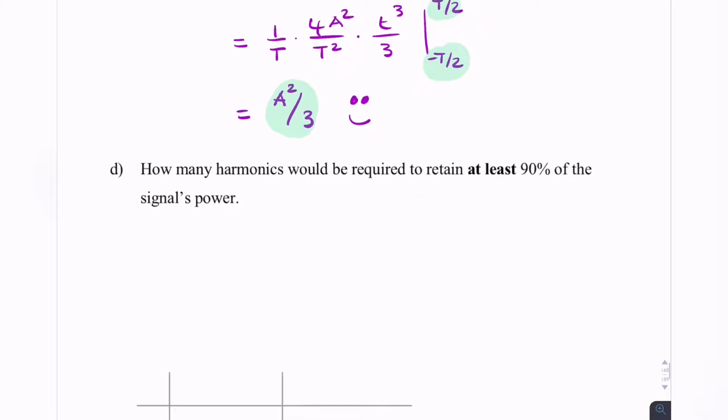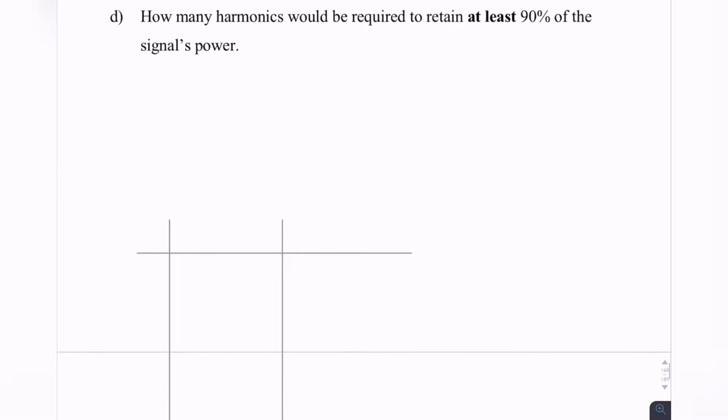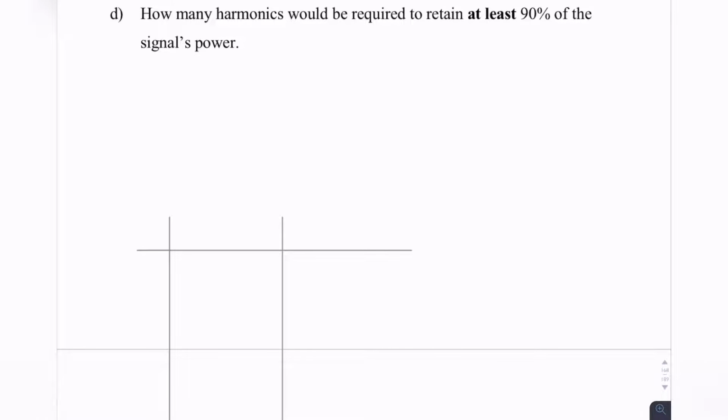For the next question, it says how many harmonics would be required to retain, that means to keep, at least 90% of the signal's power. So the signal's power is a squared over 3.